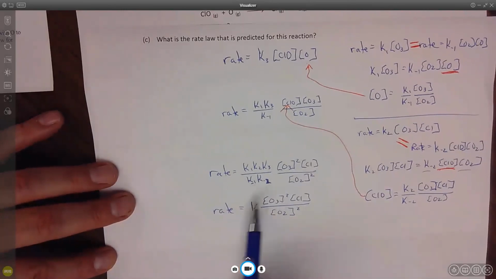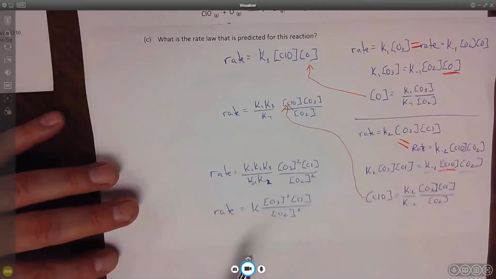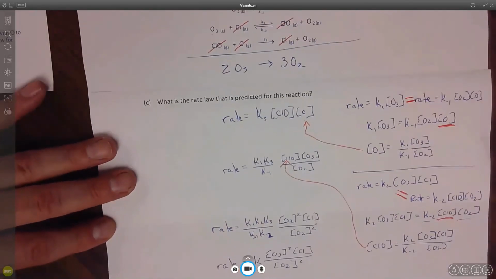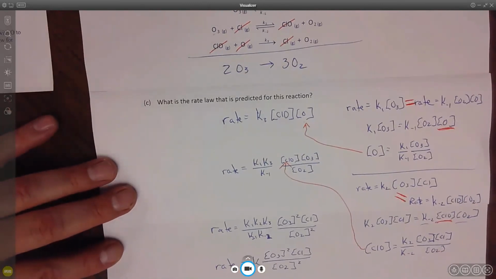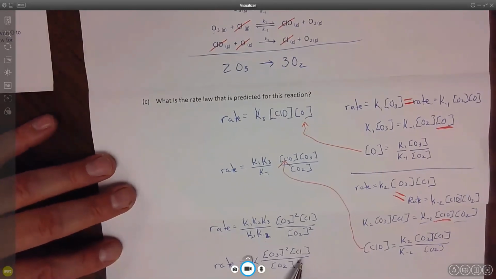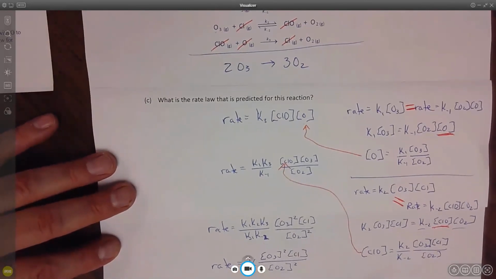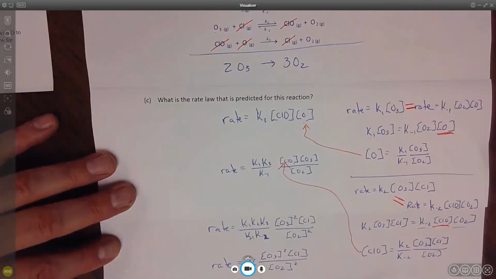So is this good? It contains the O3 and O2, but it also contains chlorine. Is that okay that it contains chlorine?